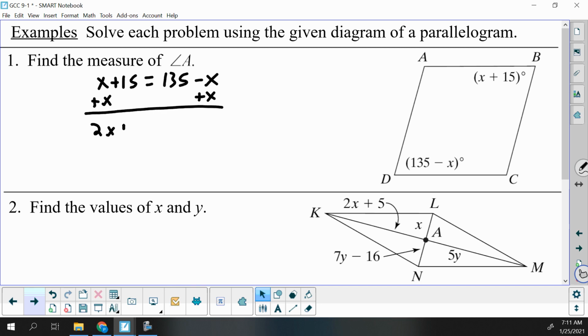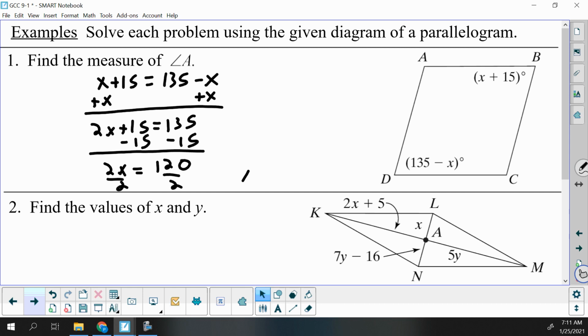That'll give us 2x plus 15 equals 135. We can subtract the 15 over. That'll give us 2x equals 120. And we can divide by 2, and that'll give us x equals 60.